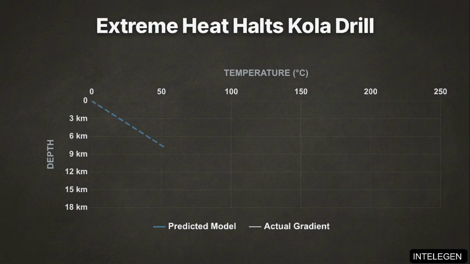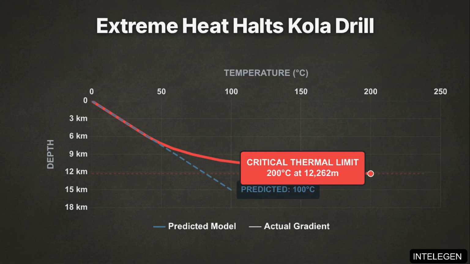Predictive models estimated that temperatures at 15 kilometers down would be approximately 100 degrees Celsius. As the drill descended, the actual geothermal gradient scaled at nearly double the expected rate, skyrocketing to 200 degrees Celsius at 12,262 meters.